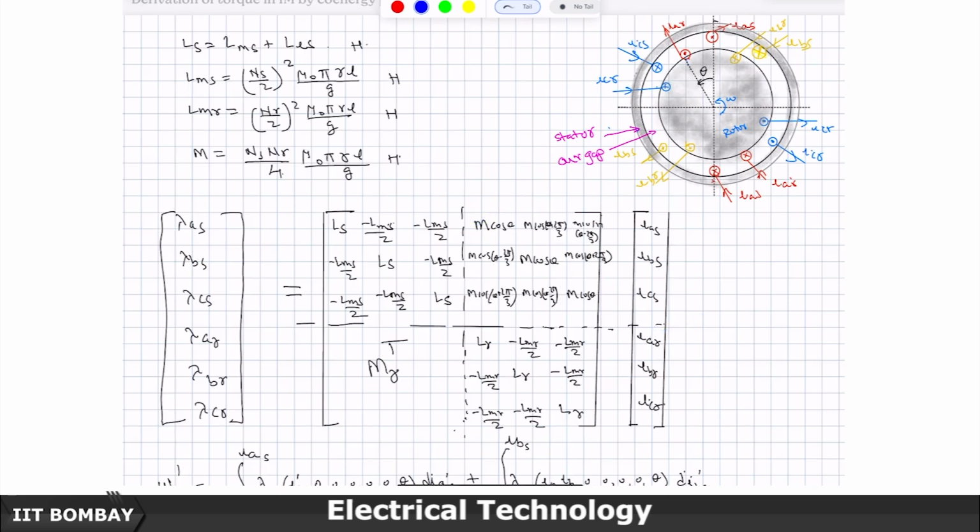Now, the next question will come, what is the mutual inductance between A phase winding of the stator and B phase winding, or the yellow color winding, of the rotor? So, you take exactly the corresponding conductors, that is what we have marked here, and measure the angle. So, this and this, these are exactly identical, but they are on the stator.